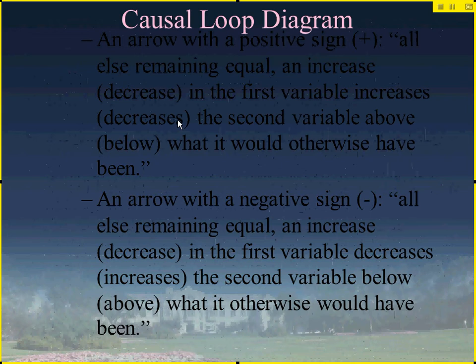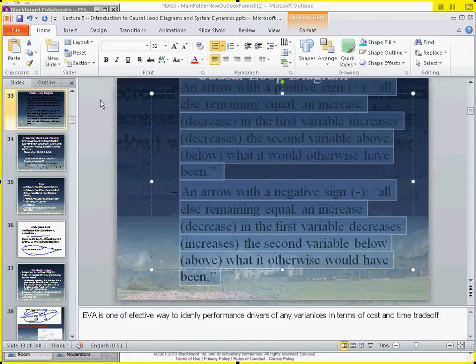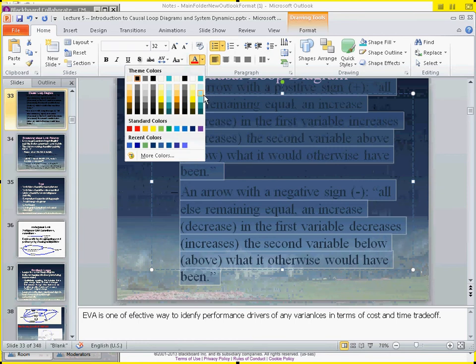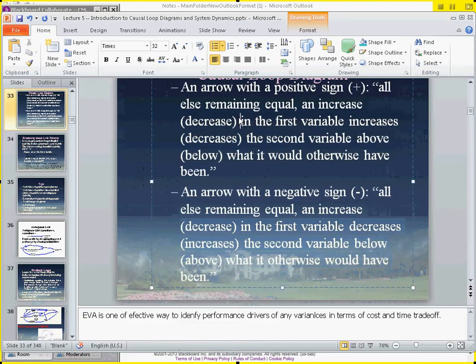And gosh, this is quite horrendous. Let me make this at least have some modicum of readability. So with an arrow with a positive sign, what that means is from x to y, all else remaining equal, an increase in x tends to increase the second variable above the value it would have had. And I don't know why these things are in there. That's horrible.